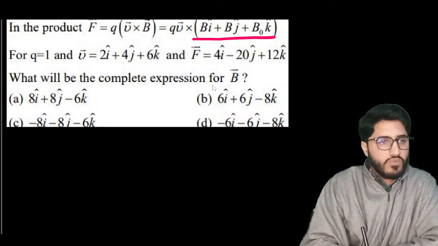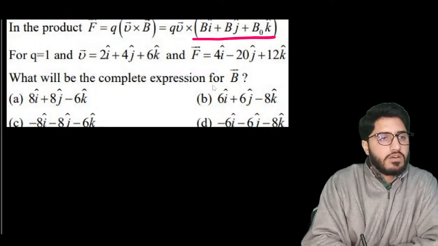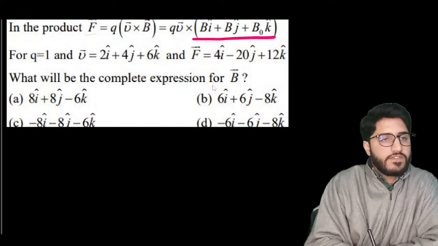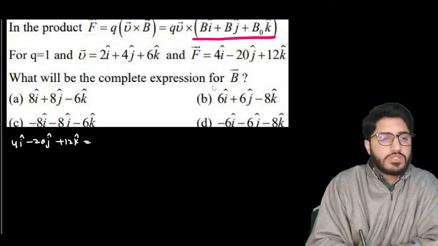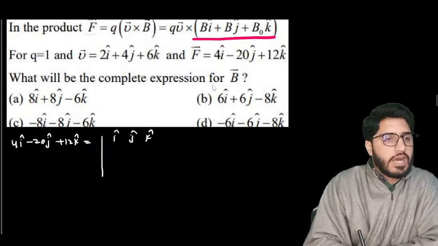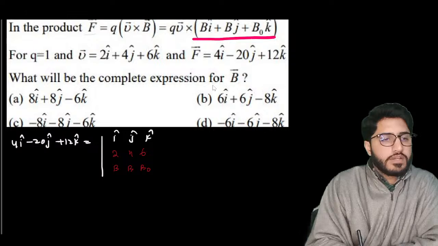Okay, so what is F? I can do it like this now. F is given to be 4I cap minus 20J cap plus 12K cap. Q is 1, there is no need to write this Q. And what is V cross B? I will do the cross product of V cross B. So I can write 2, 4, 6, B, B naught.